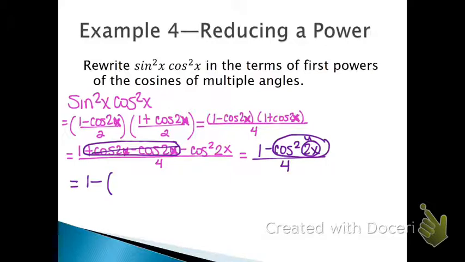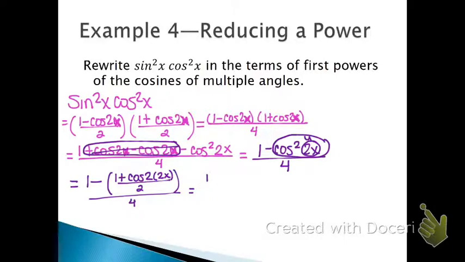So we got 1 plus cosine of 2u, we said is 2x, right? Over 2. And it's all over 4. Yeah, it's a mess, huh?